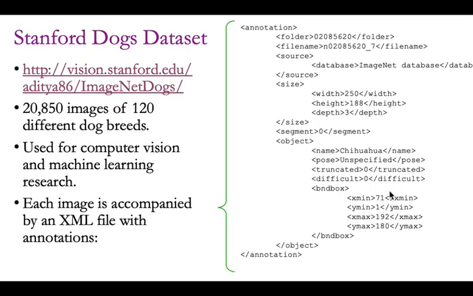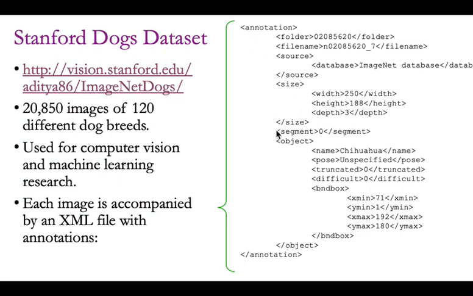So this is information related to that image file that's useful for the analysis that you want to do with it, right? So you could download this data set and process the images, and also load in the accompanying XML files to help your analysis.